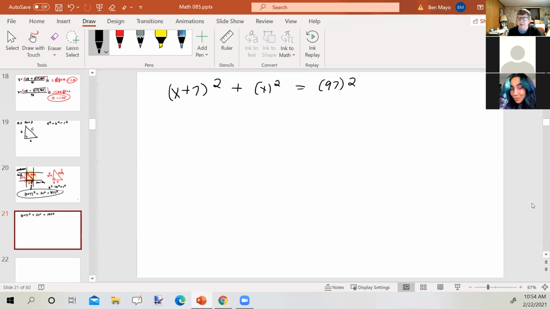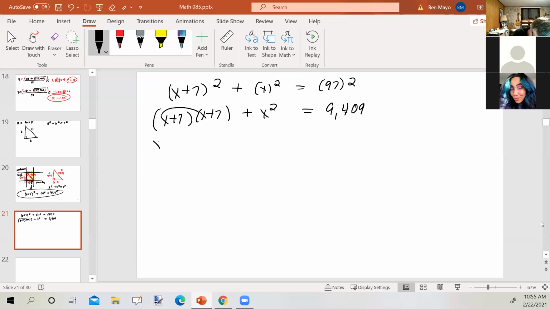Yeah, okay, so here we go. (x + 7)² is (x + 7) times (x + 7). x² is x², and 97 times 97 is 9,409. The problems in this section of the book have big numbers. It's a good thing we can use a calculator.